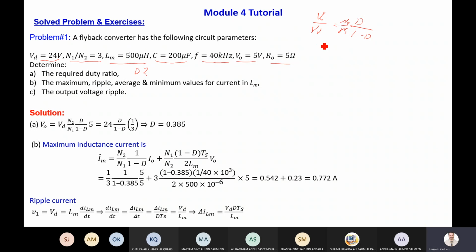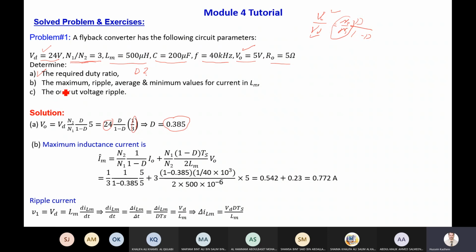Now, what I want to find is D. VO is given in the question, VD is also given, and N2 to N1 is given. Where is it? Here, 1 over 3. I substituted their values and solved for D. I got D equal to 0.385. So the first part is easy and direct, we got it.